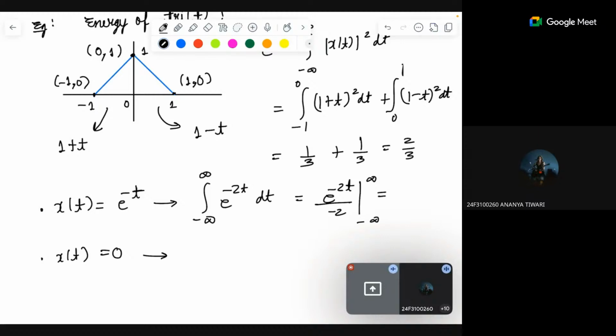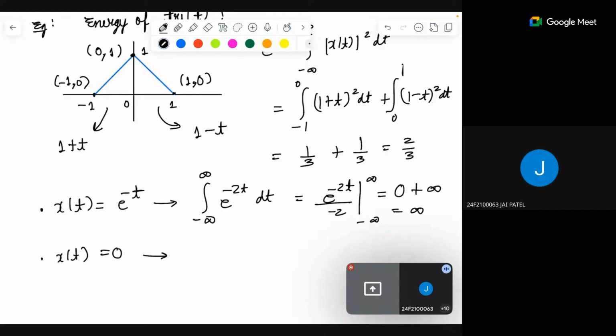Let us check. Let us take the upper limit, so t is replaced by infinity. So e raised to the power of minus infinity will be 0. Jay, is it clear what will be the energy? Ma'am, I got it. I was doing from 0 to 1.